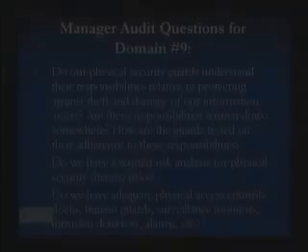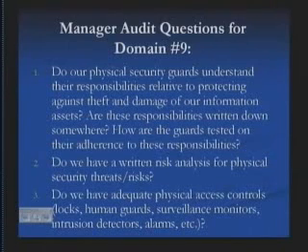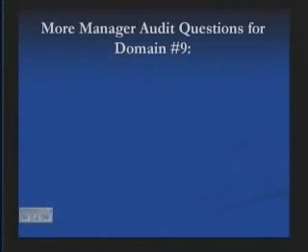And then number 3, do we have adequate physical access controls? And these would be things like locks and human guards, surveillance monitors, intrusion detection systems of some sort, not software, hardware, and then alarms, and so on and so forth. So the question is, what do our physical access controls look like?